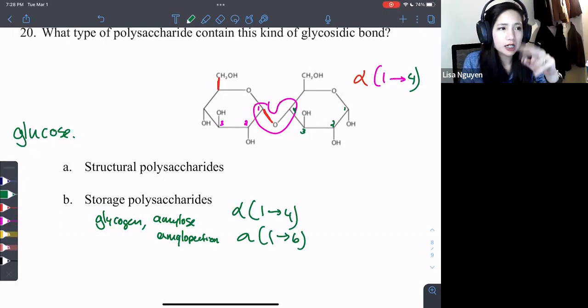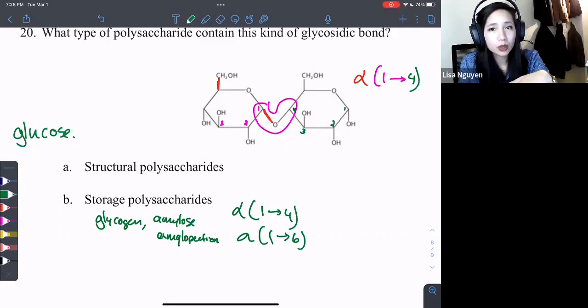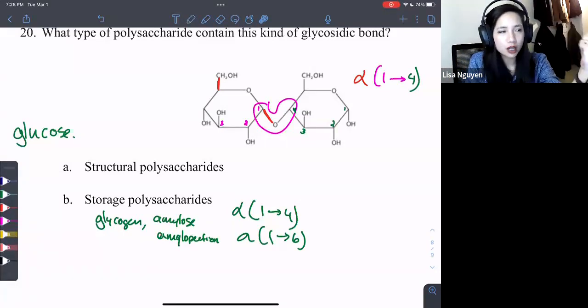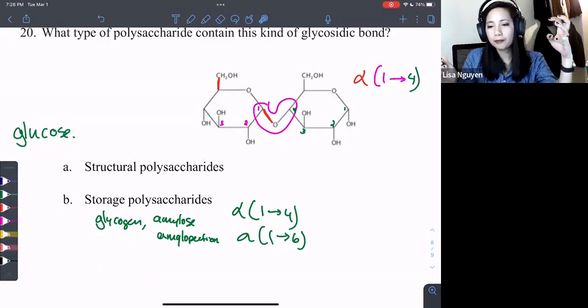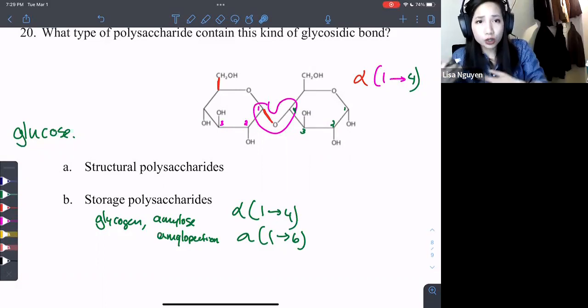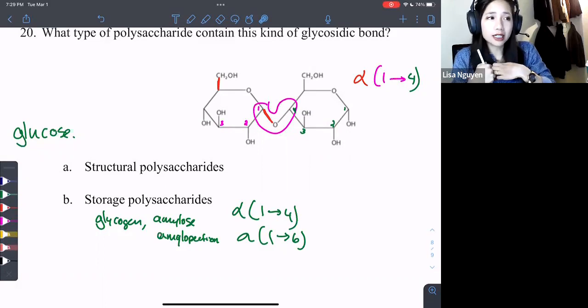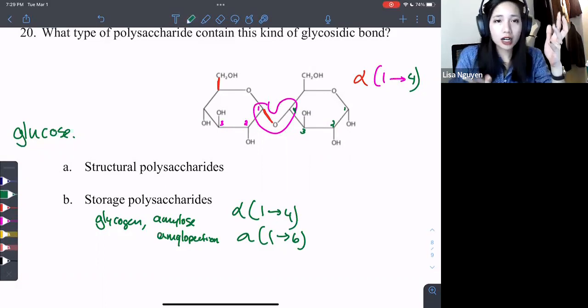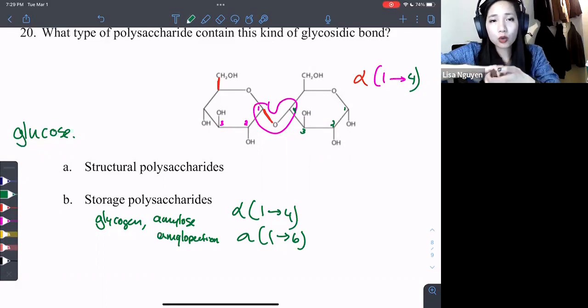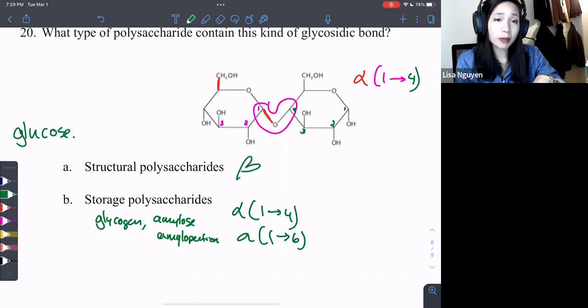Glycogen and amylopectin are both alpha 1,4 and alpha 1,6 to get globular structures, but it doesn't matter, because storage polysaccharides, where you're taking the excess nutrients you eat in the form of sugars and storing them for later, are all linked via alpha linkages. Structural polysaccharides, because you need rigid structures, build cell walls. So the linkage is actually beta 1,4 instead.